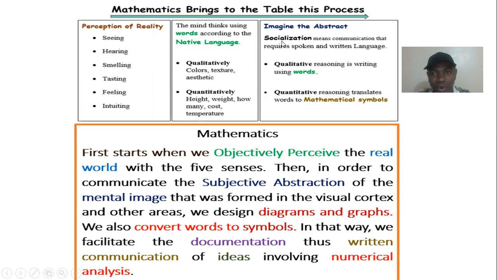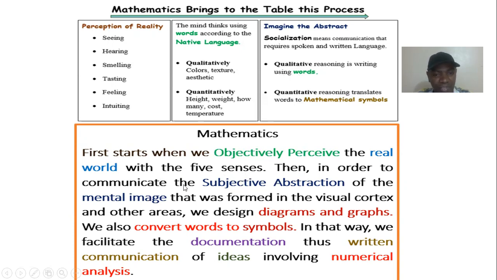If you need to communicate, because socializing means communicating what you perceive using words or written language, qualitative reasoning is writing using words. Quantitative reasoning translates words to mathematical symbols. So you can say this about mathematics. It first starts when we objectively perceive the real world with the five senses, or the sixth sense also.